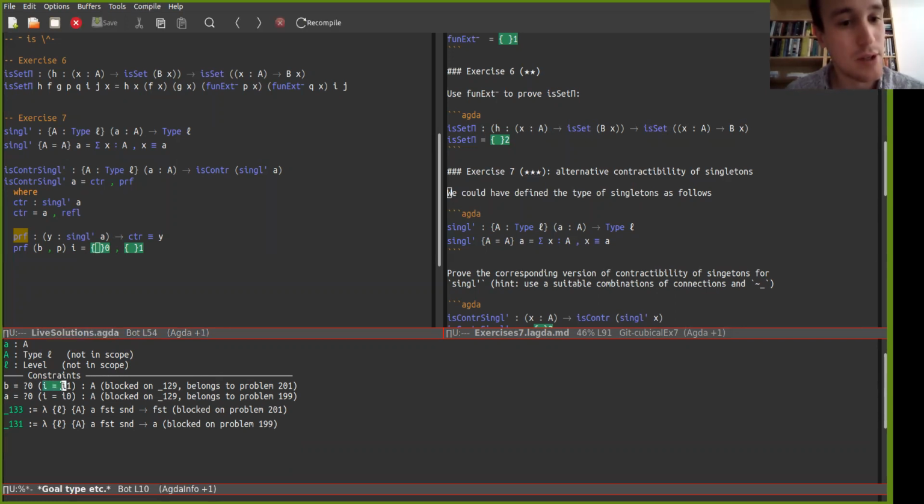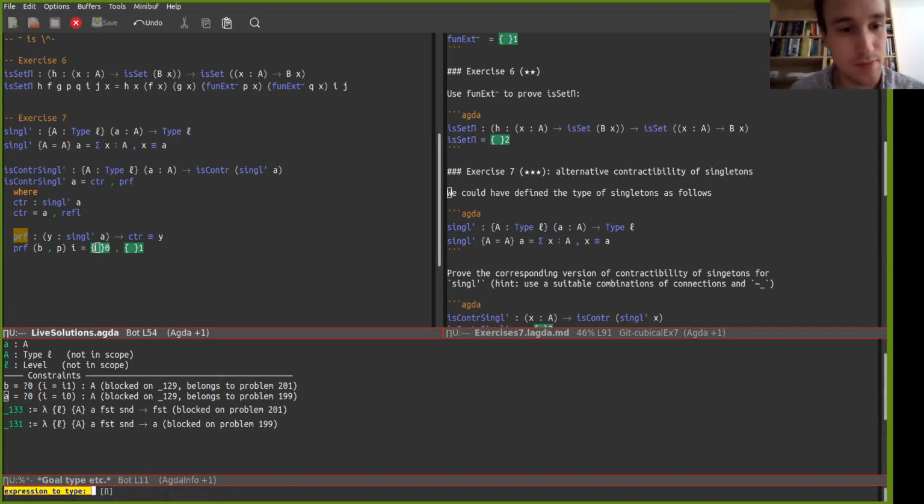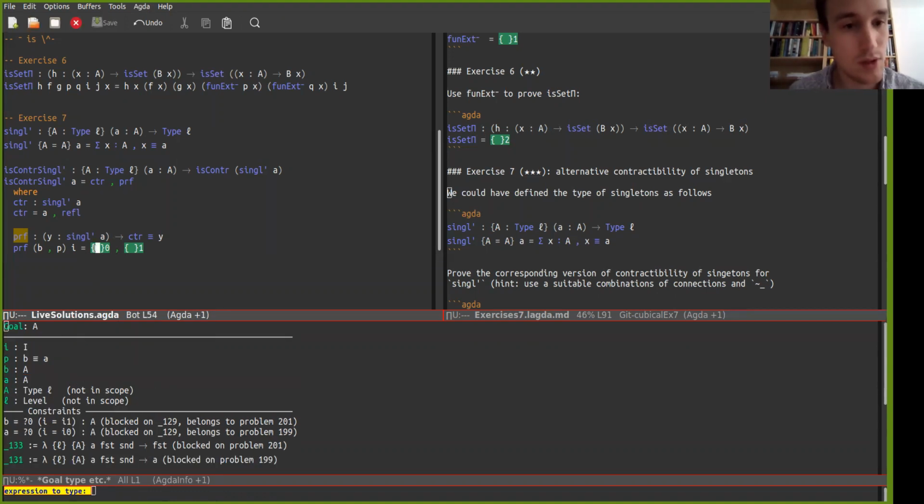So if i is 1, then it has to be b, and if i is 0, then it has to be A. So what could we put in here, given those constraints?